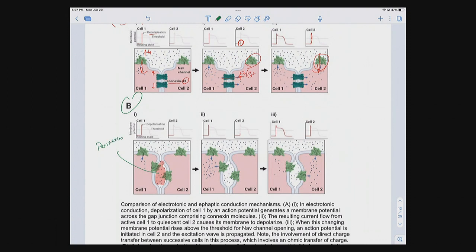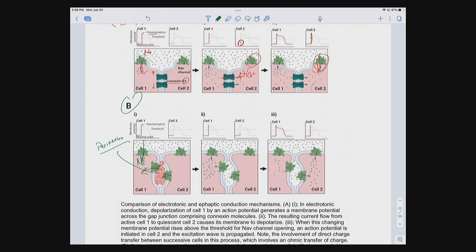So now what you have, again, cell 1, depolarization. But with the sodium coming in here, now you're depolarizing that cell. That in turn is going to be altering the electric field. First of all, what you're going to have is a depolarization here, and then you're going to have sodium running in here. So the sodium is going to be opening up, so I'm going to have sodium leaving this perinexus area.